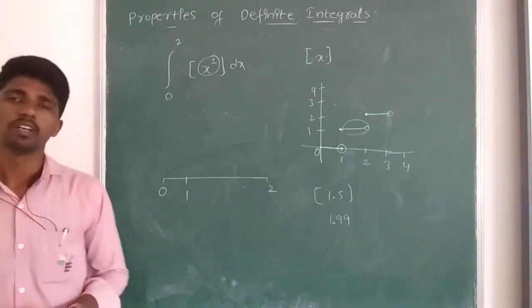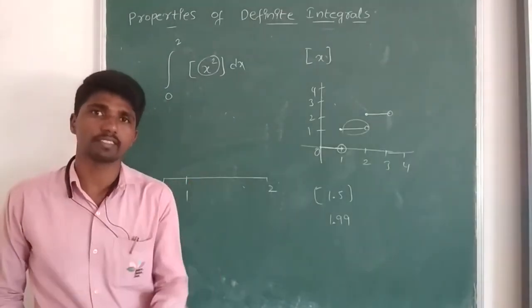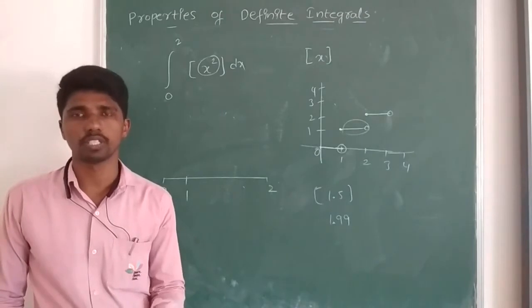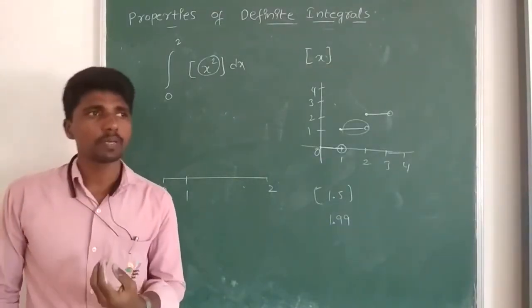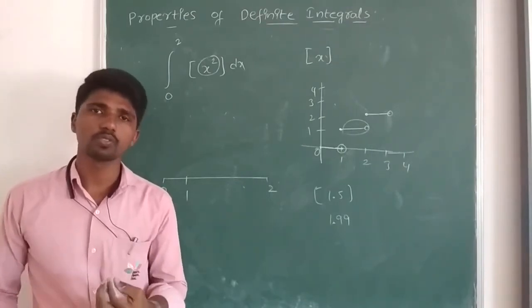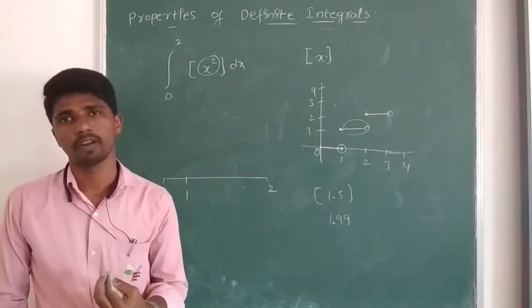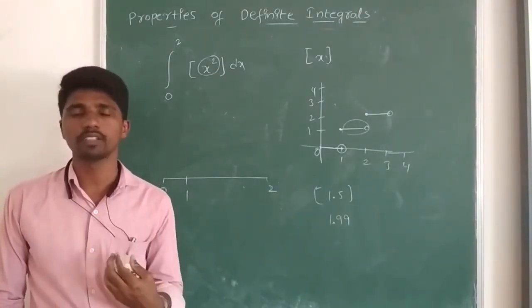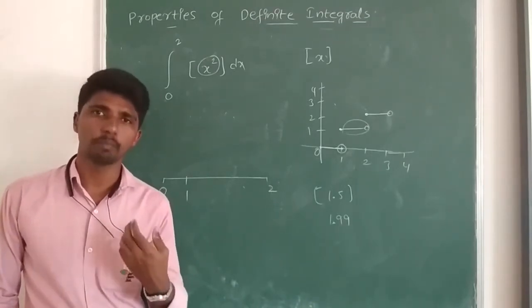Root 1 is 1, root 2, because it's x square, no? To find x, take the square root on both sides. So x square equals some constant, then x will be the root of the constant. I cannot substitute any negative values, so I go with only positive values.